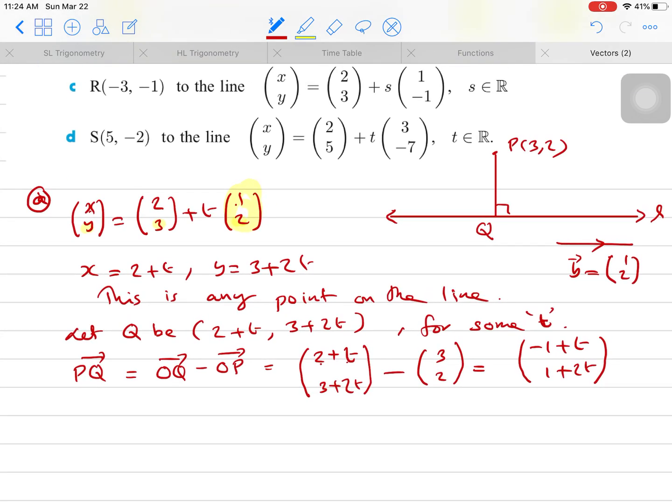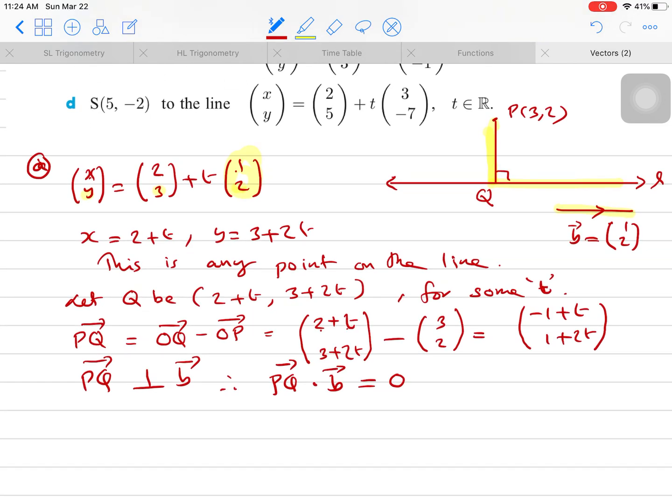If I look at the diagram, I can see PQ is perpendicular to this line, or rather PQ is perpendicular to the b vector. Therefore PQ dot b has to be equal to 0. PQ vector is (minus 1 plus t, 1 plus 2t), which I found already, dot b, which is (1, 2), equals 0.